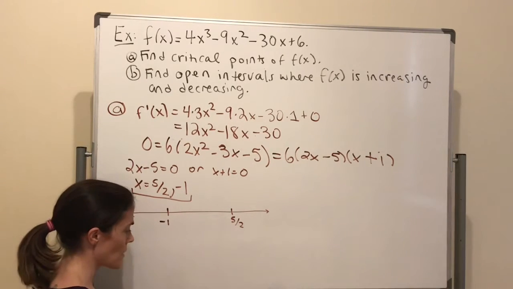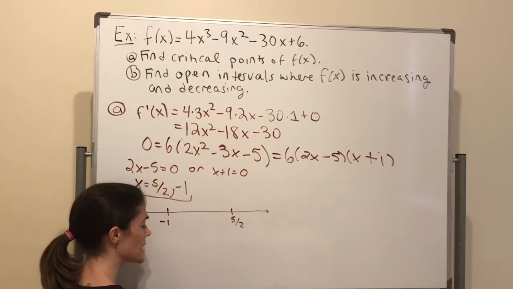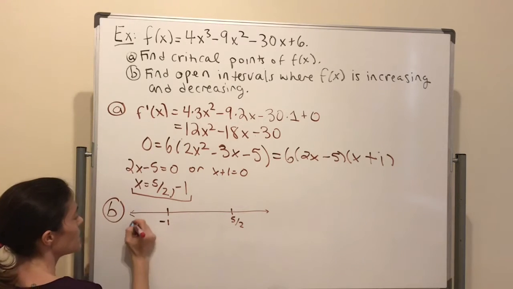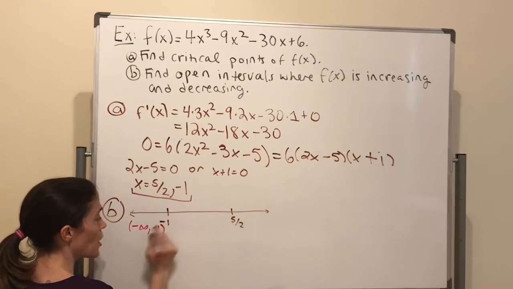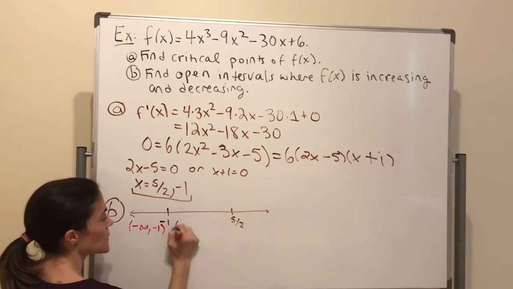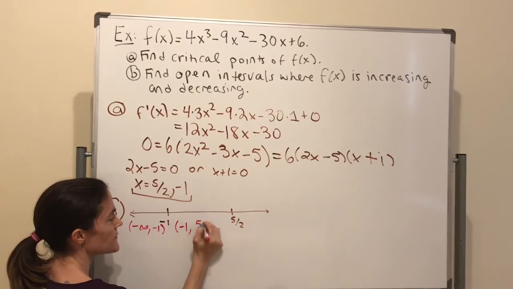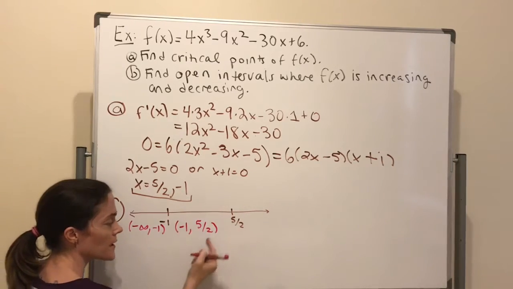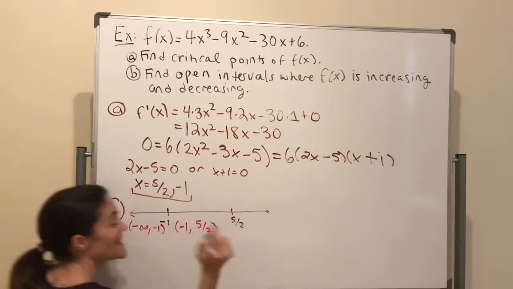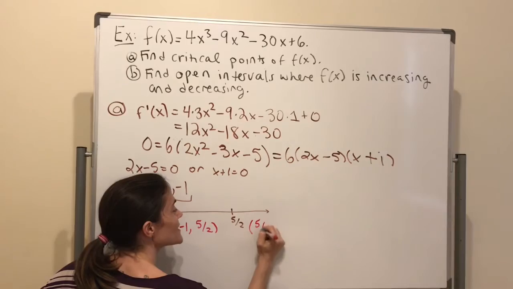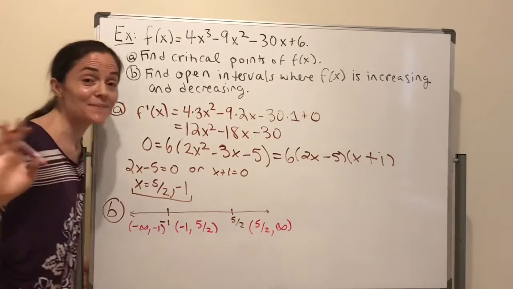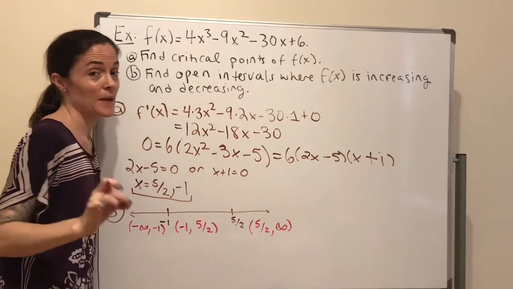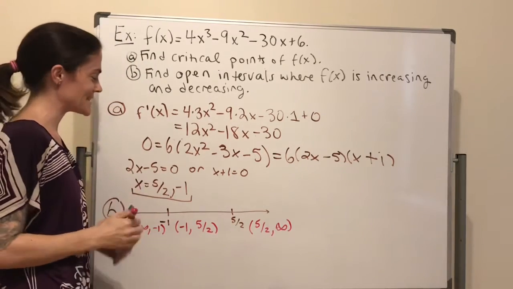Open intervals. Okay, what are my open intervals here? This one goes minus infinity to -1, open. Okay, this one, -1 to 5/2, open on each side, right? And then the final open interval is here. Okay, so I've divided my domain into intervals based on the critical points.